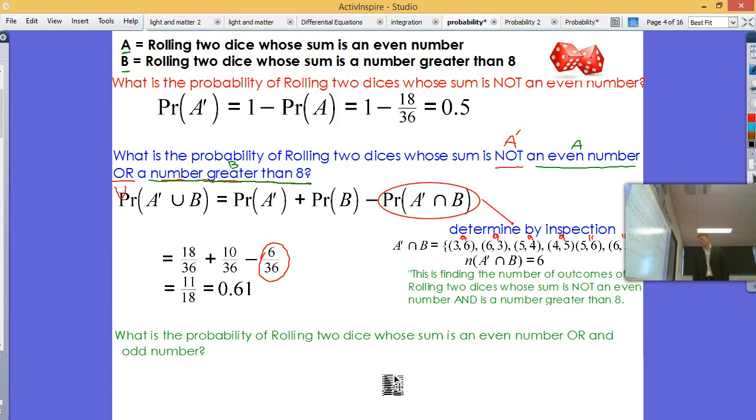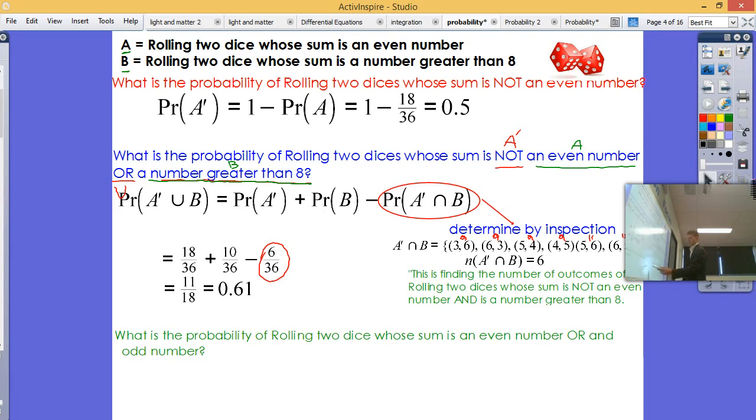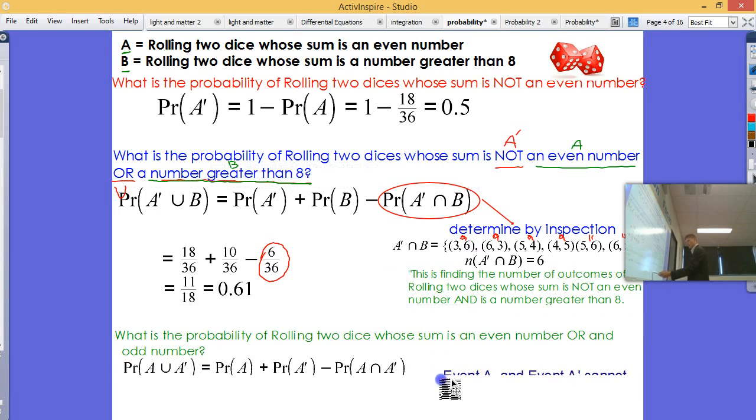Let's look at one more. What is the probability of rolling 2 dice whose sum is an even number or an odd number? Even number or an odd number. Well, numbers can either be even or odd. So, again, an or problem? We're going to use the addition rule.